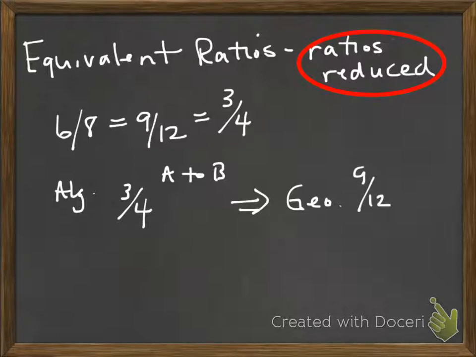Who's got a better ratio? Well, neither. They're equivalent, so that's not going to make any difference. You've got to be careful there. Make sure you reduce at all times.